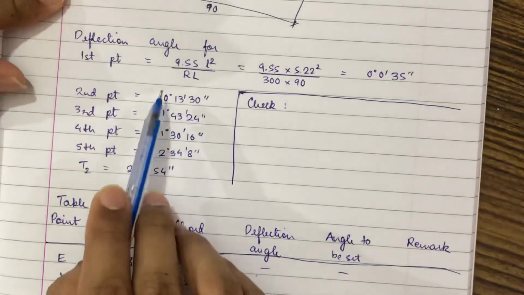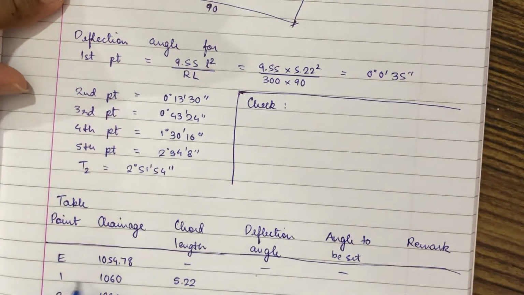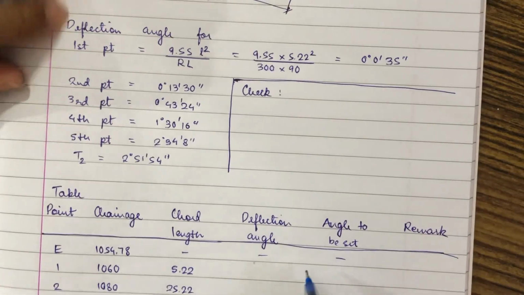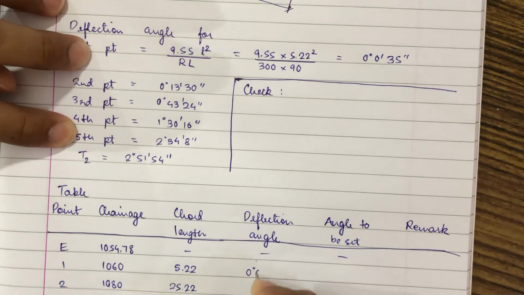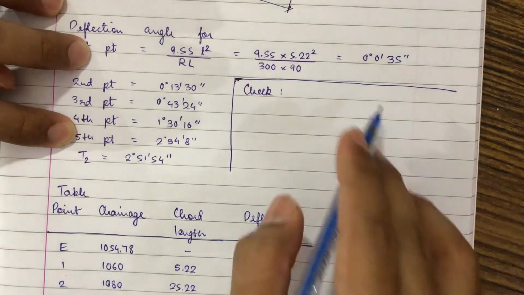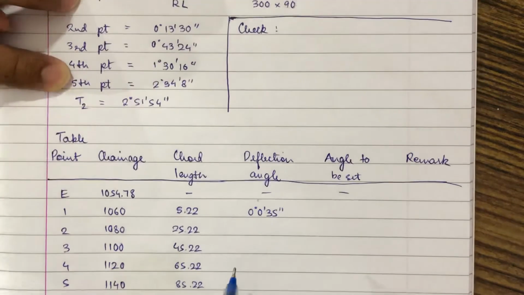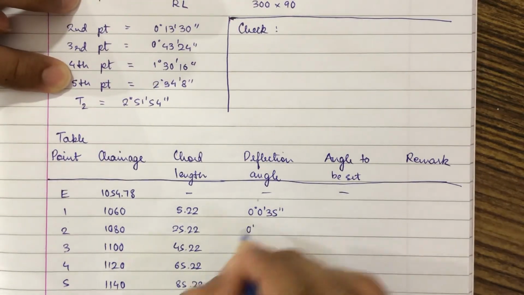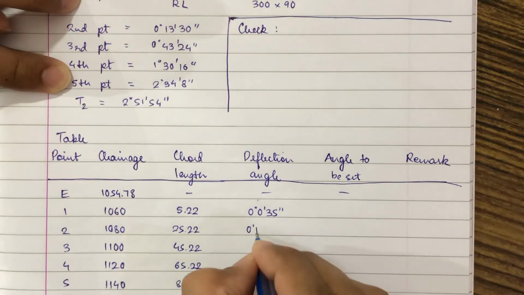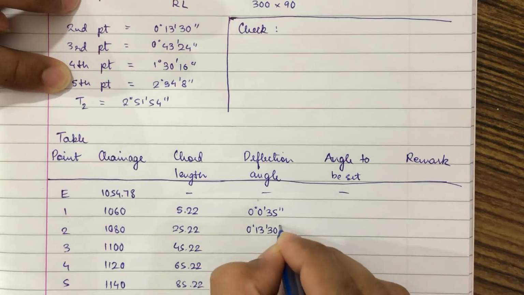Now we have calculated the deflection angles as well. For the first point it is 0 degree, 0 minute, 35 seconds. For the second point it is 0 degree, 13 minutes, 30 seconds.